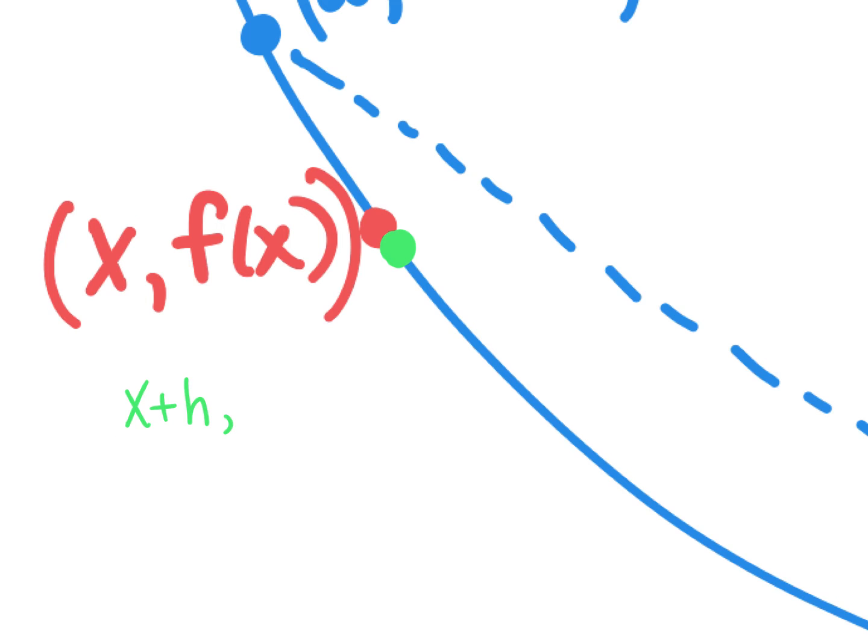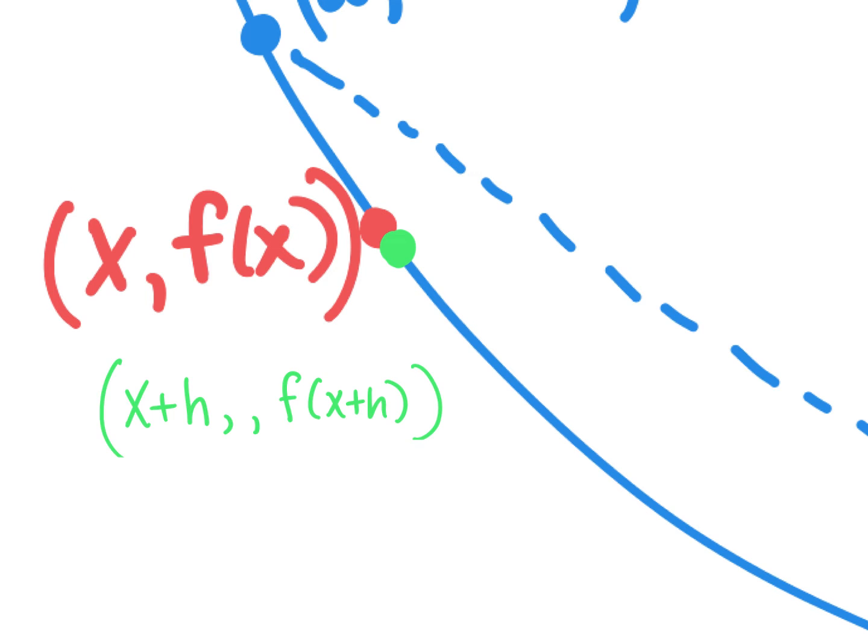How big do you think h is? Okay, h is very small. In fact, h is approaching what number? 0. Correct. Okay, that's x plus h. So what's its y coordinate? f of x plus h.